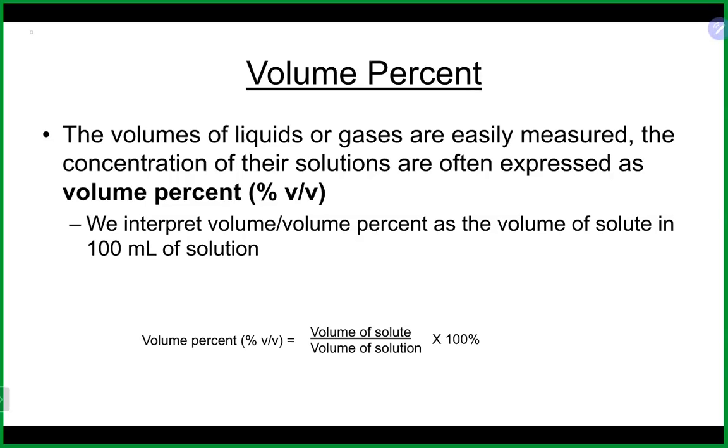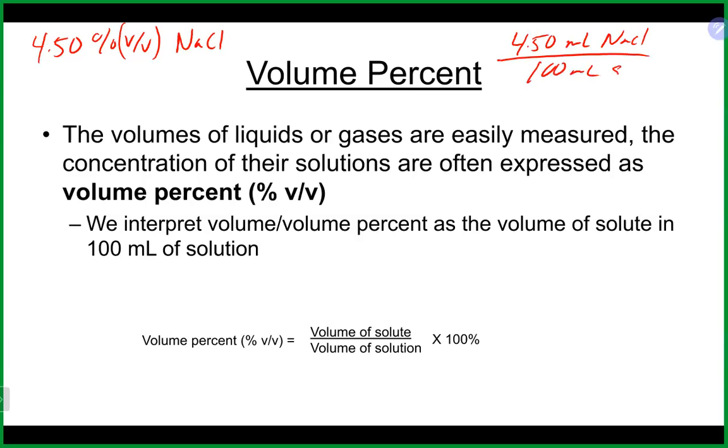So if you had the same example, 4.5% volume to volume percent of, say, sodium chloride, what that would mean is you have 4.5 milliliters of sodium chloride in 100 milliliters of solution.